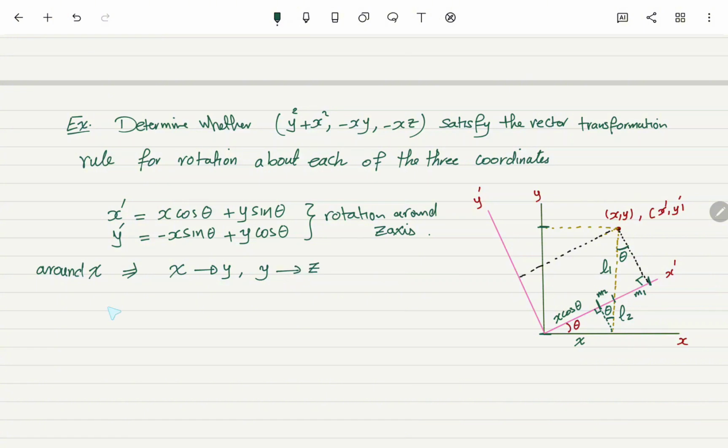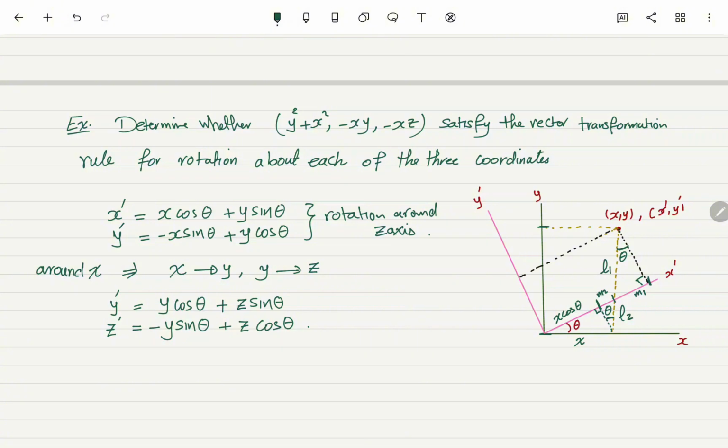So in this case here, y prime equal to y cosine theta plus, rather than using y, it's z sine theta. And z prime, the new coordinate, equal to minus y sine theta plus z cosine theta. We can prove this, by the way, using the same graph as this one here. No need to do that again, but this is the method.